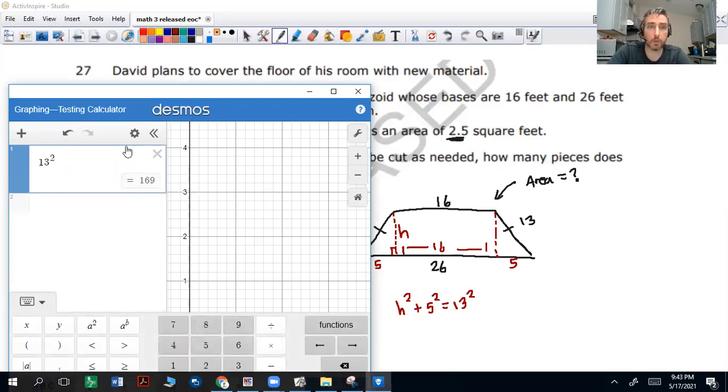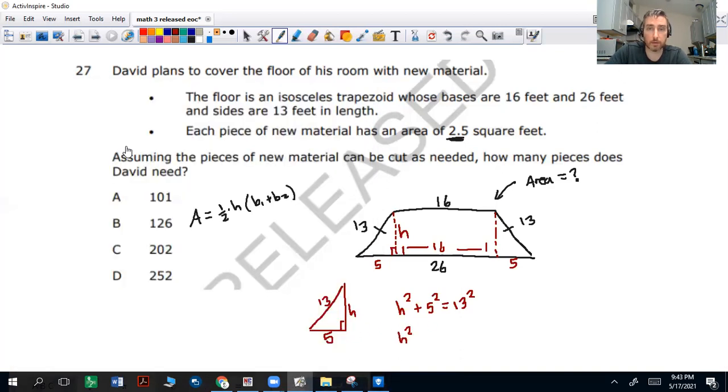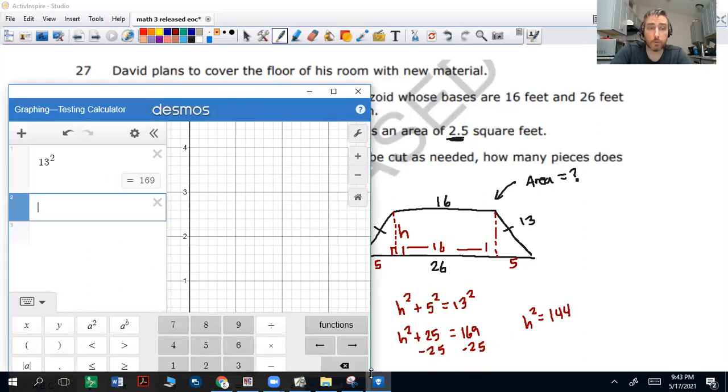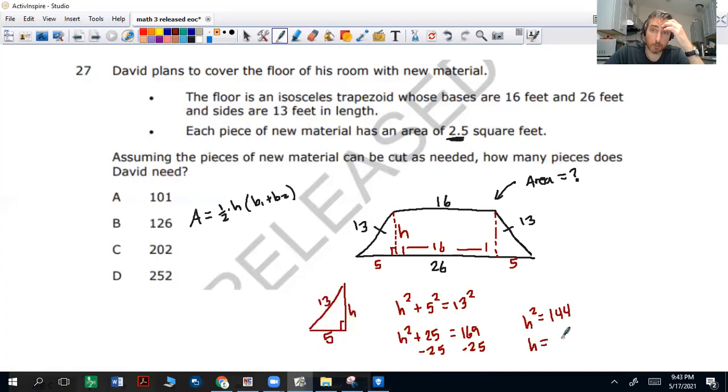So do your 13 squared minus your 5 squared, which is 25. 13 squared is 169. And 169 minus 25 is 144. You can double check that here. So h squared is 144. h is the square root of 144. You get 12. Your height is 12.